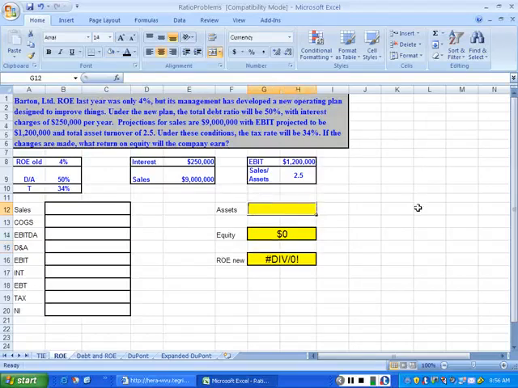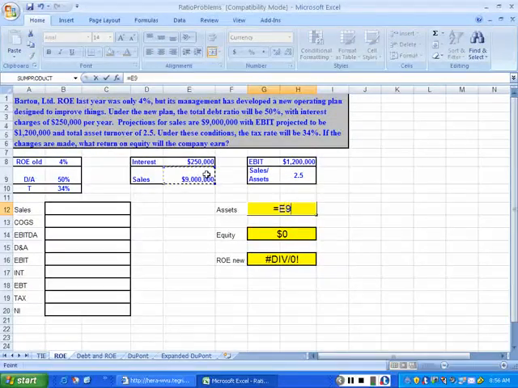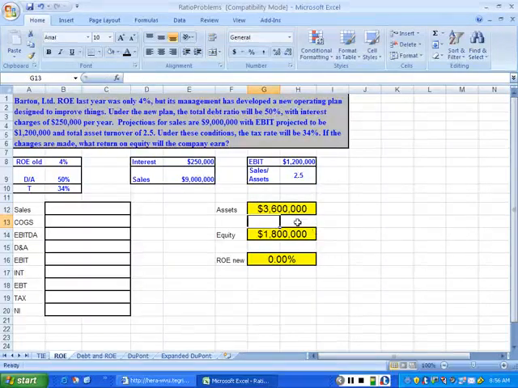To find out what the level of assets is going to be, we have a relationship between sales and assets, known as total asset turnover. Since we've got sales of $9 million and sales divided by assets equal to 2.5 times, if we take our sales figure and divide that by this ratio, we find that our level of assets is $3.6 million.